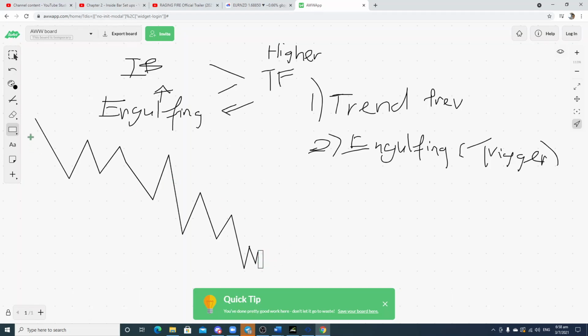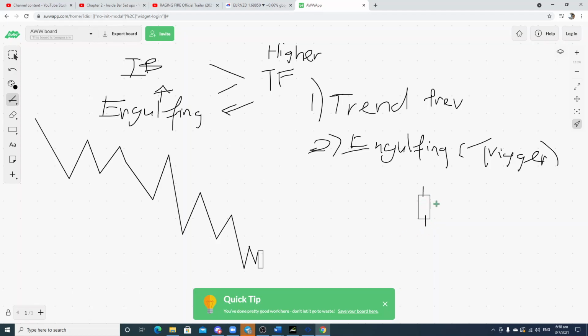I forgot to let you know what engulfing is. Engulfing is a two-candle formation in which the second candle's high and low completely devour the first candle.